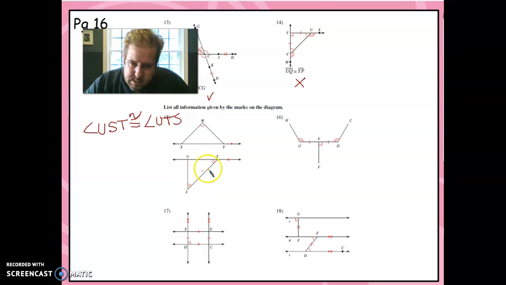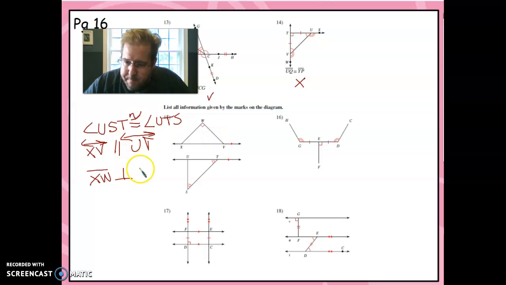Okay, so that's the angles. And then we've got these parallel lines. XV is parallel to line UT. And then we've also got a perpendicular symbol. So segment XW is also perpendicular to VW.